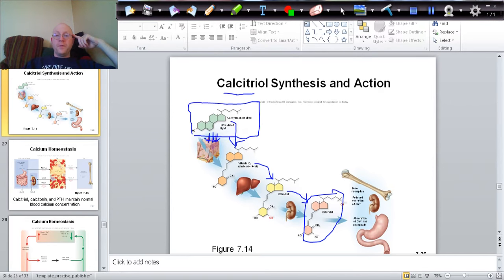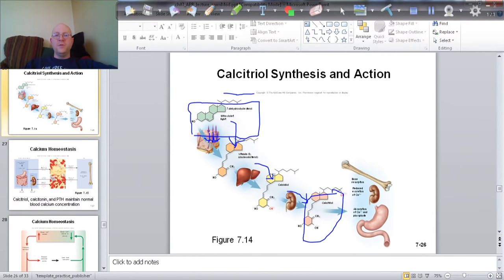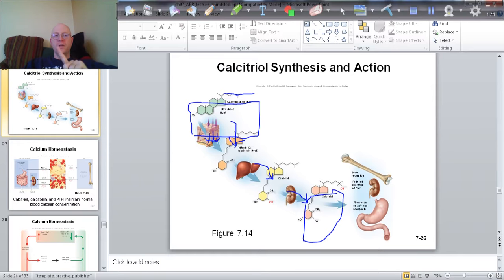Once you've got it all, here are the three things it's going to be affecting. Calcitriol is meant to raise your blood calcium. That's one of the key parts of this, raising your blood calcium. And the first way we should approach it is by considering your gut. Your gut has receptors in its walls that are meant to grab hold of calcium ions, bind to them, and then pull them inwards to your bloodstream.